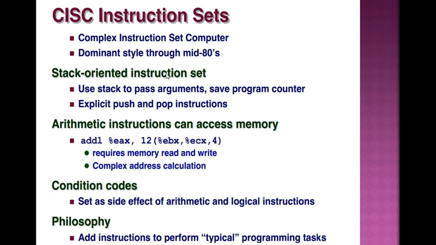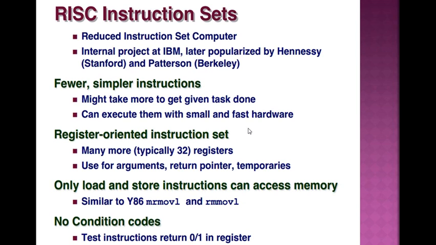This is a stack oriented instruction set. It uses the stack to pass arguments and to save the program counter, and uses push and pop operations for performing the operations. There are condition codes and arithmetic instructions. Then RISC, that is Reduced Instruction Set Computer.